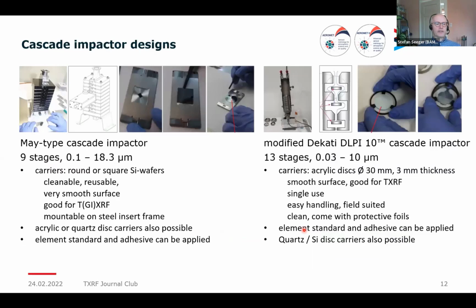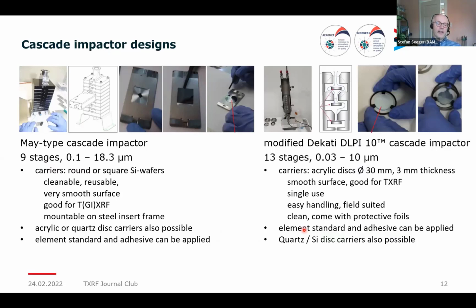Here is a view on the cascade impactor designs. As I said, we used two different types. One is the May type cascade impactor, which has 9 stages ranging from 0.1 to 18.3 micrometers in cut points. We may use round or square silicon wafers, which are cleanable and reusable.